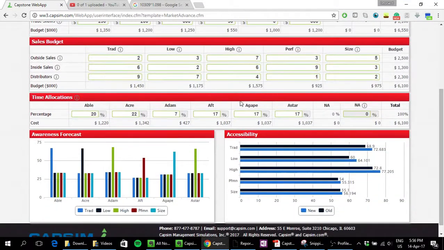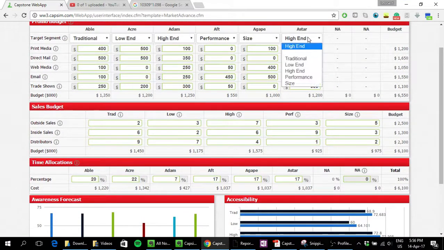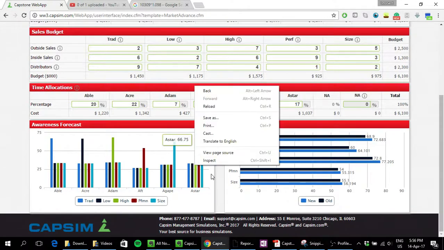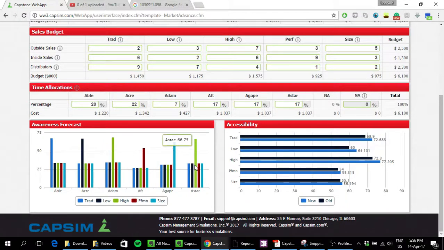So there you have it. One thing to note is that when you create a new product, you have to do a promotion a year before the product is released. I did that for the previous year, even though I'm not selling anything, so by the time your product hits the market, you have awareness comparable to your competitors.